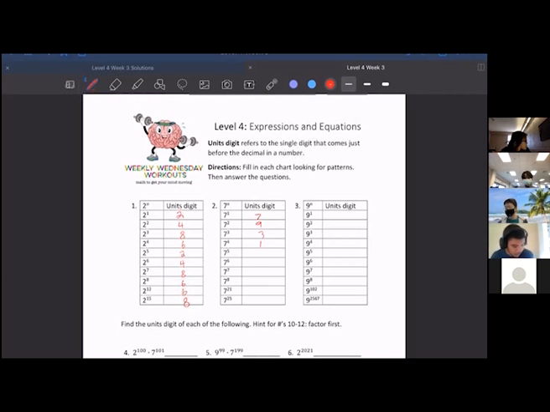And then we don't even have to actually calculate 7 to the fifth. Instead of calculating it, we can just look that for 7 to the fourth, the units digit was 1. And if we multiply that by 7, we'll just get right back to 7. And so the same thing here, you don't have to actually do the entire 7 to the sixth calculation. You can just look at the units digit of 7.